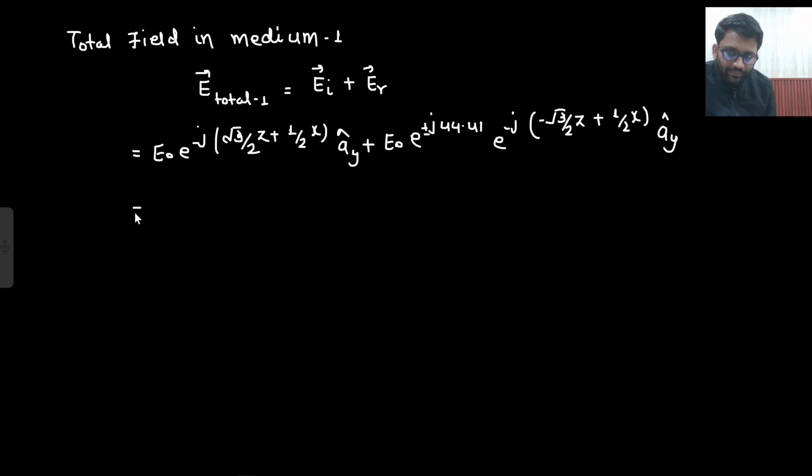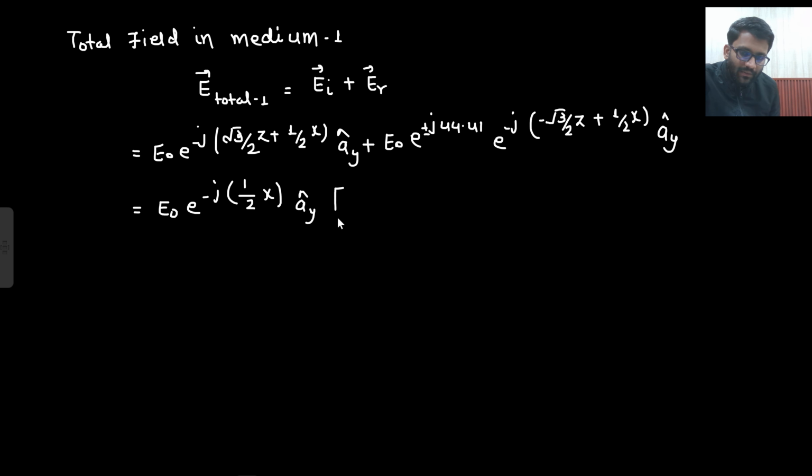Can I take out something common? That will be e to the power minus j 1 by 2 x, ay cap. Really sorry, it is not under root 2; here as well e to the power minus j 1 by 2 x is there, and here also e to the power minus j 1 by 2 x is there.